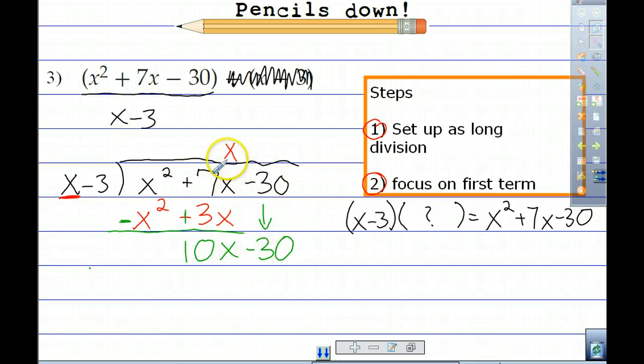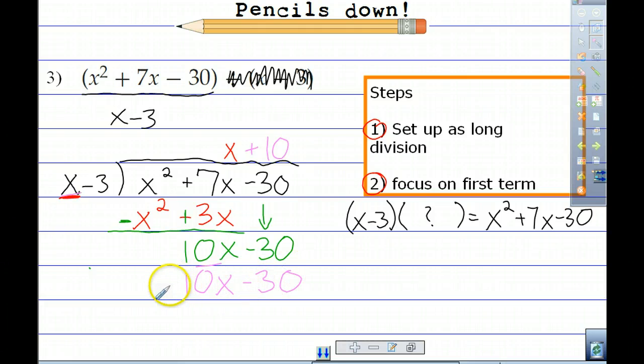Okay, so if we understand that much and how to do all that, it's nice because it's just the same thing all over. So we have x, the lead coefficient, the lead number, x times what equals this? 10. And it's going to be a positive 10, right? Okay. So we have 10, and this is the distributive property, right? 10 times x, then x. 10 times negative 3, negative 30.